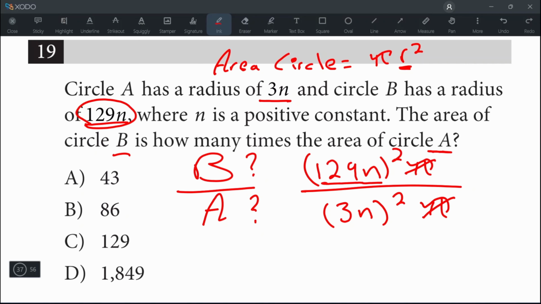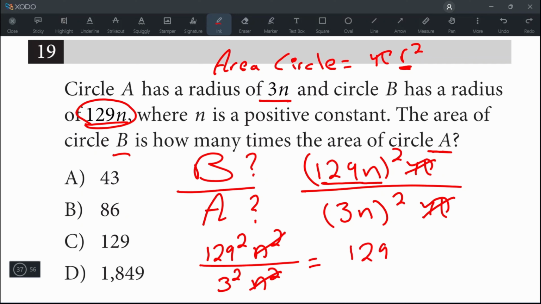129n to the power of 2 is the same as 129 to the power of 2 multiplied by n to the power of 2. And 3n to the power of 2 is equal to 3 to the power of 2 multiplied by n to the power of 2. n to the power of 2 and n to the power of 2 will cancel out, so we'll be left with 129 to the power of 2 over 3 to the power of 2.